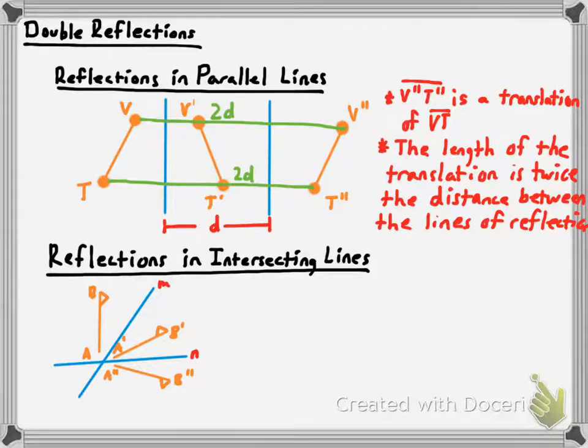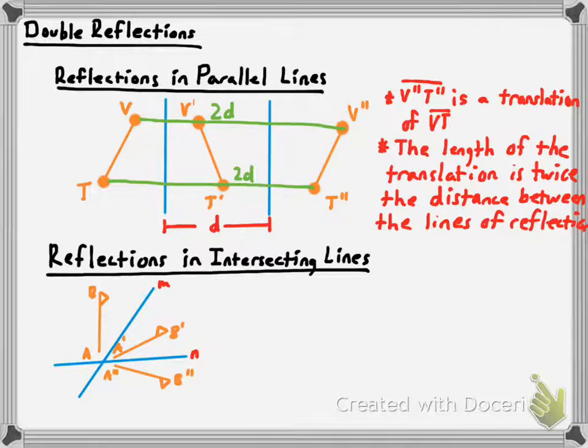Now, again, there's a special relationship between the original figure in that double reflection and the final image. If you were to go directly from the original figure to the final image, you wouldn't do that with a reflection. You would do it with a rotation. Can you kind of see that? That's why I put the flag, so you can imagine, hey, if I kept rotating this way, that's the way it would look. All right? And so it's the same as rotating that figure around the point where the two lines of reflection intersected one another.